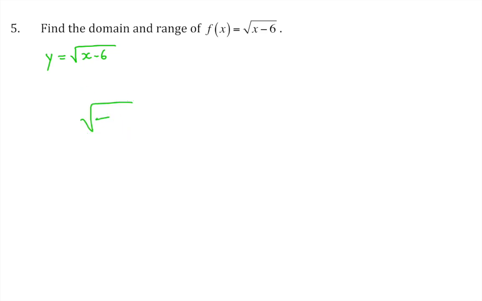You can't take the square root of a negative number. So whenever you have a square root sign in the question, you need to be able to look at it and recognize that the bit under the square root sign has to be greater than or equal to 0. And if it is, then you can rearrange it and recognize that this graph will only make sense when the x values are bigger than or equal to 6.